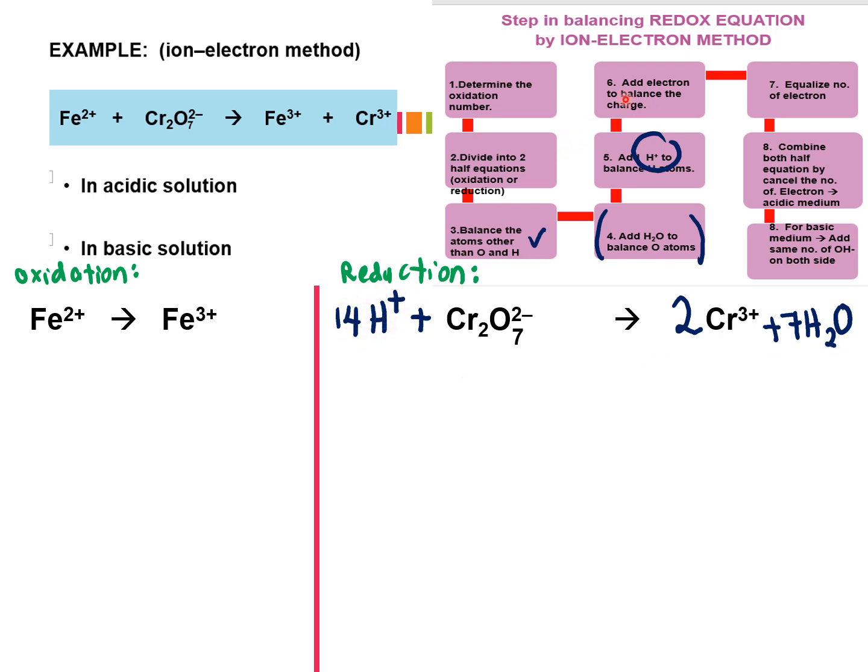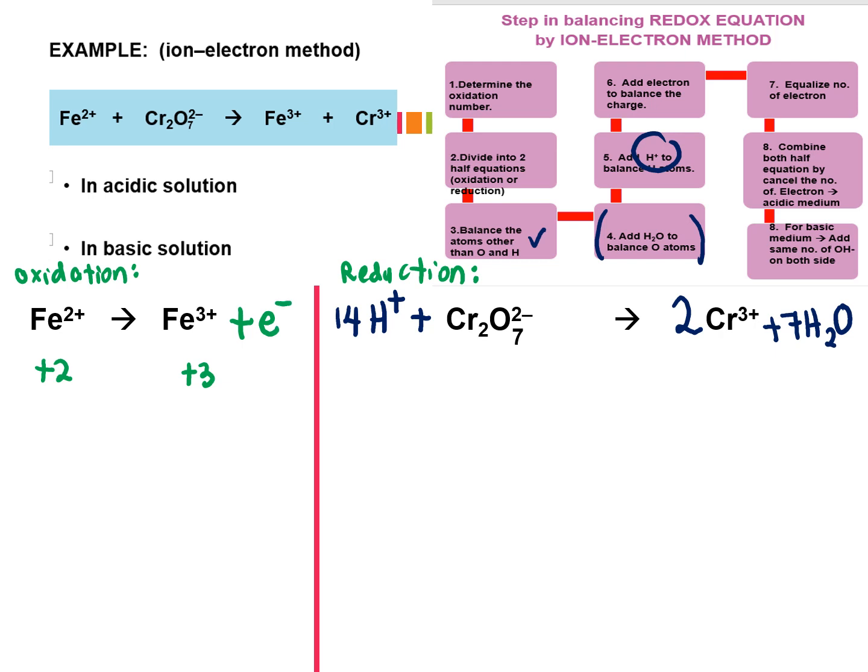Next, after that, step number 6. Add electrons to balance the charge. So, in the first step, we already calculated positive 2 on the left side, positive 3 on the right side for the first equation. So, how many electrons are needed to balance this equation? We need 1 electron on the right side.